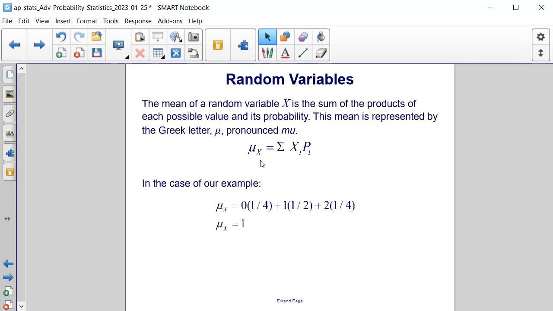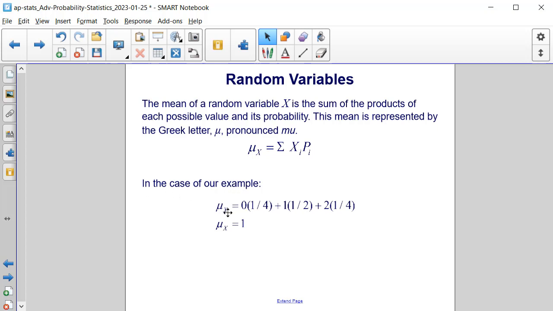So mu with subscript capital X is equal to the summation of x with subscript i times the probability of that value.